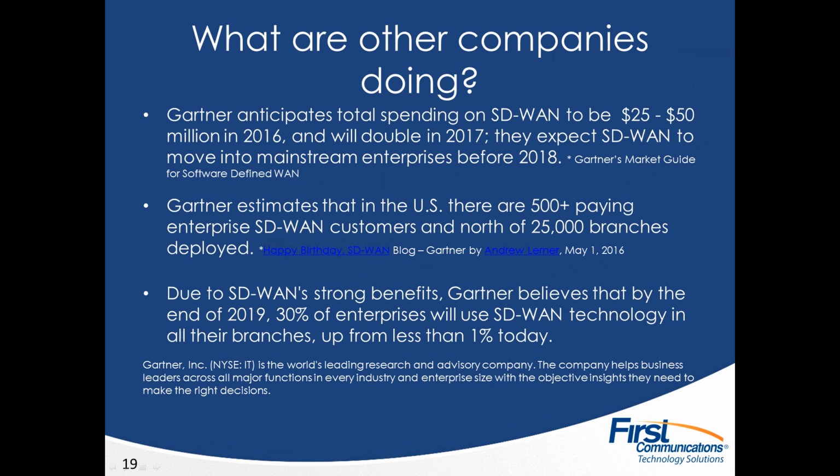Companies like the Gap, Levi's, they have jumped full, both feet in with SD WAN. The Gap has converted all of their sites to SD WAN. Levi's is in the process of doing so. There are other companies, a lot of retail, things like that.